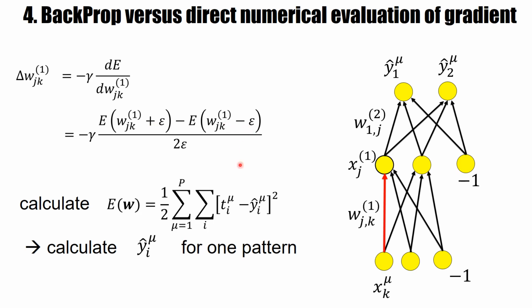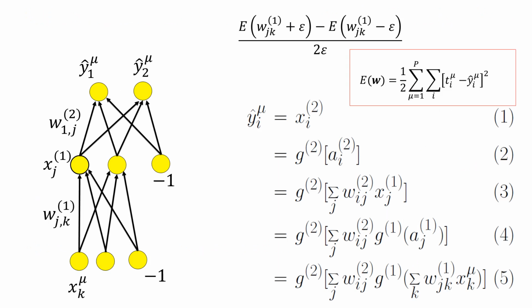Now, to keep things simple and to compare it with a stochastic online algorithm, we consider just one output pattern, which means we cut out this sum over p. So let's evaluate this error function. The error function is the target minus the actual output, so we have to calculate the output.